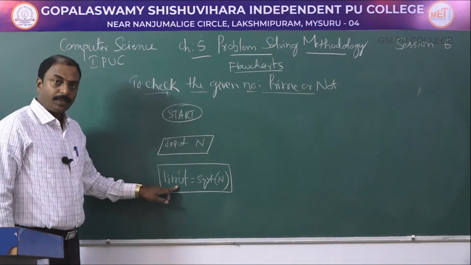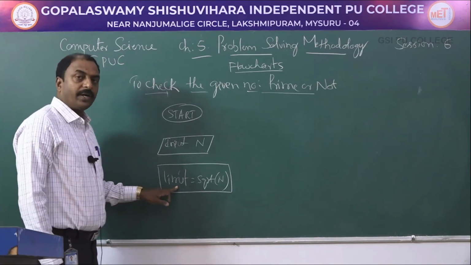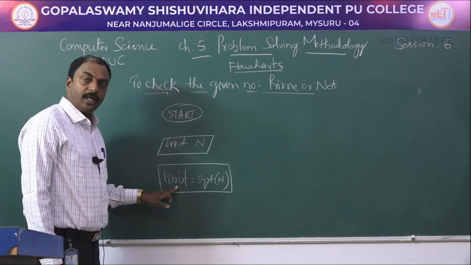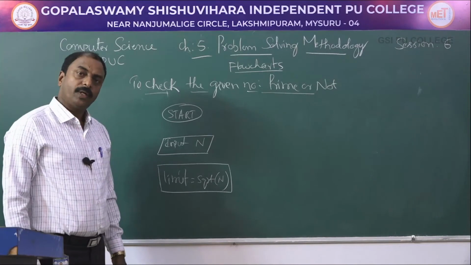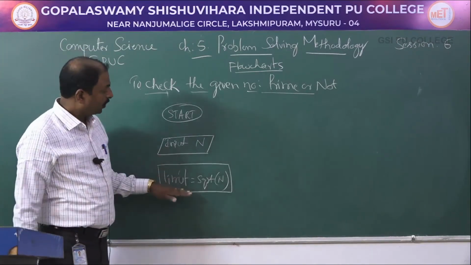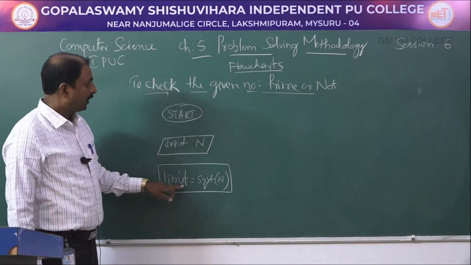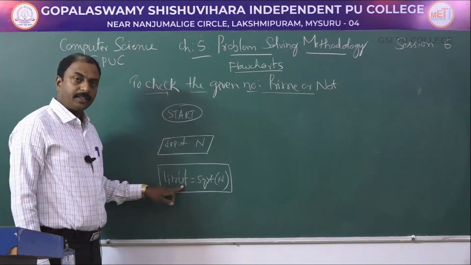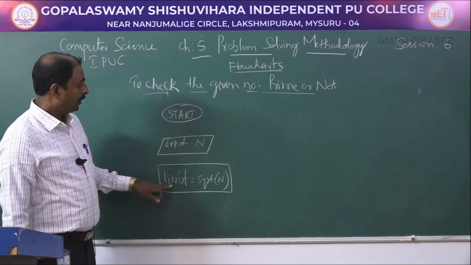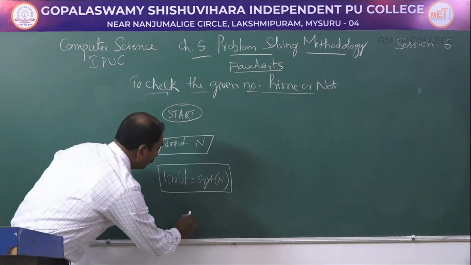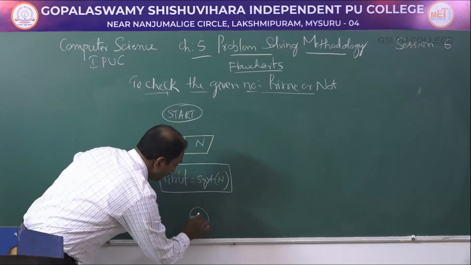In this example, we keep dividing the number from 2 onwards, because any number is divisible by 1 itself, up to the limit. So limit equals the square root of the given number. It is a connector.